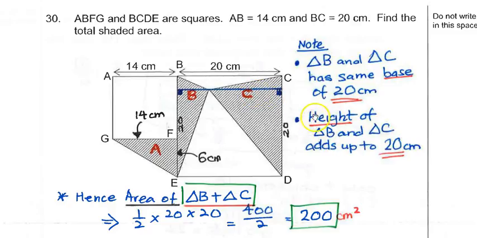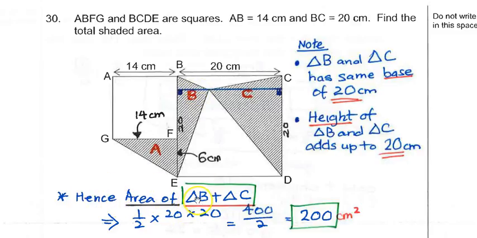Look here, the height of triangle B and triangle C adds up to 20 cm. Look very carefully, we have 2 triangles sharing the same base, but the heights add up to 20. We can safely say that B and C is actually one triangle only, with a base of 20 and a height of 20. Can you see?